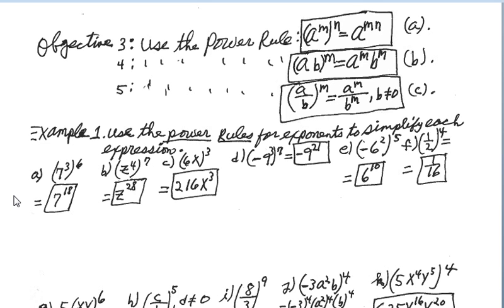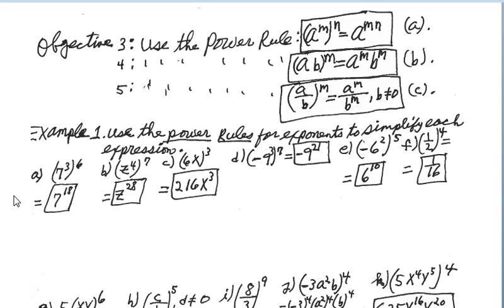D. Minus 9 to the third power raised to the seventh power. In this case, we're going to retain the minus sign and take the power 9 to the third power, then raise it to the seventh power, which gives us minus 9 to the 21st power.